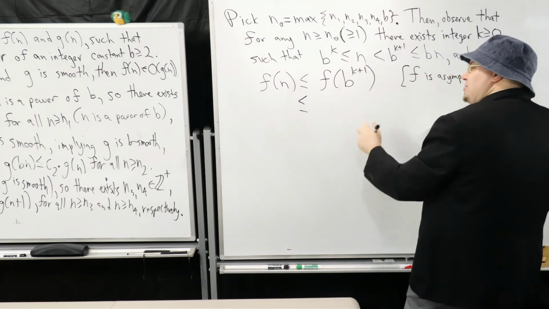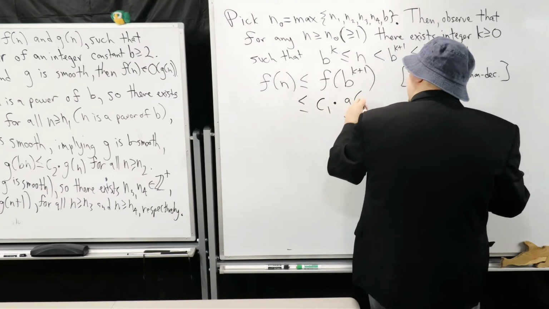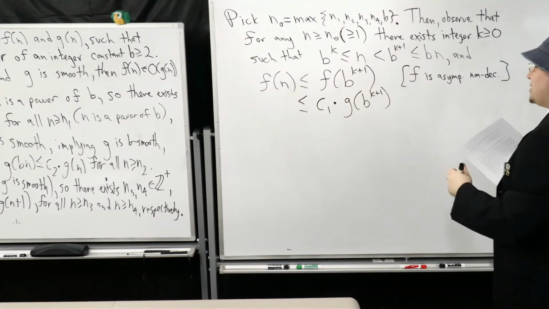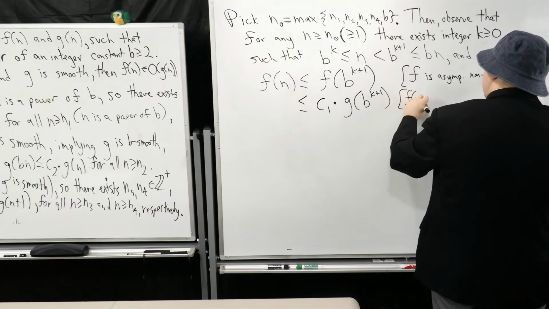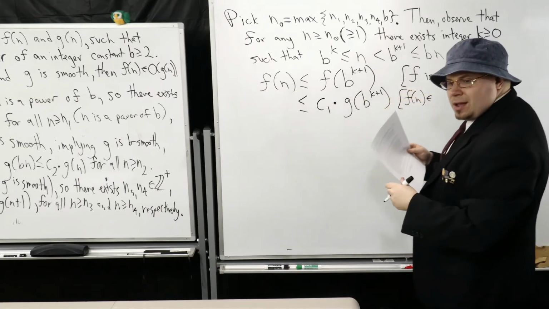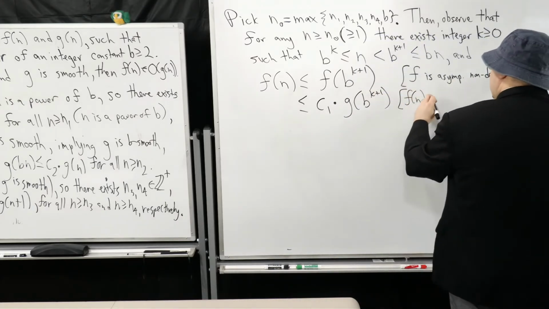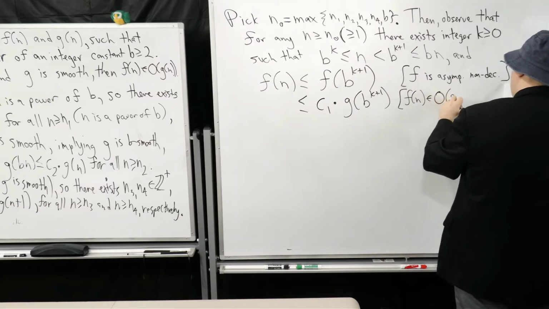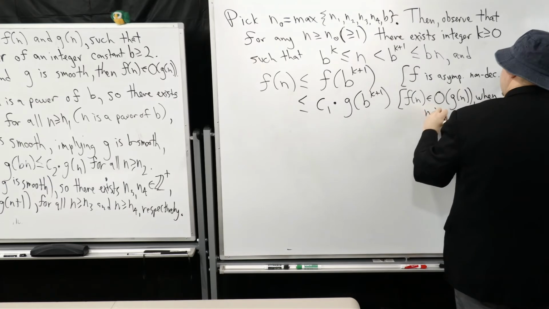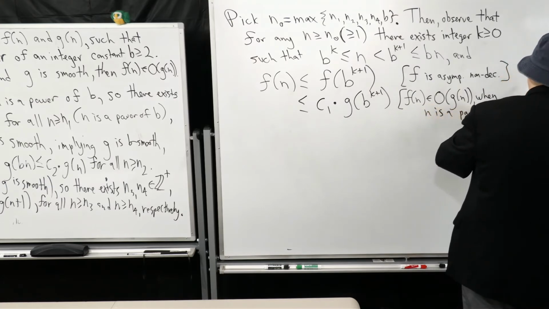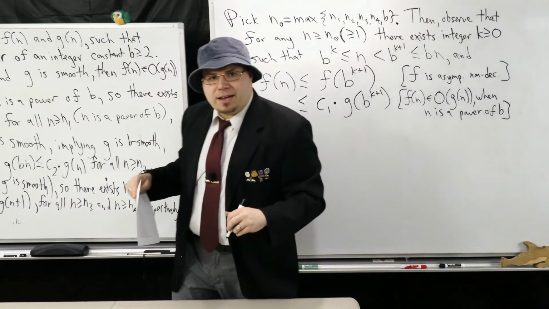But this is a power of b, so I can write c1 times g of b to the power of k plus 1. Piece of cake, right? I'm just invoking that f of n is big O of g of n when n is a power of b. That's all I'm invoking here. Piece of cake.